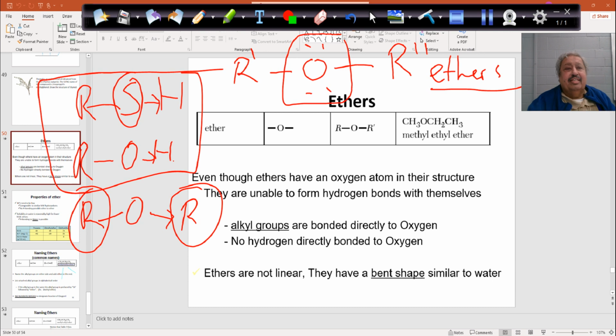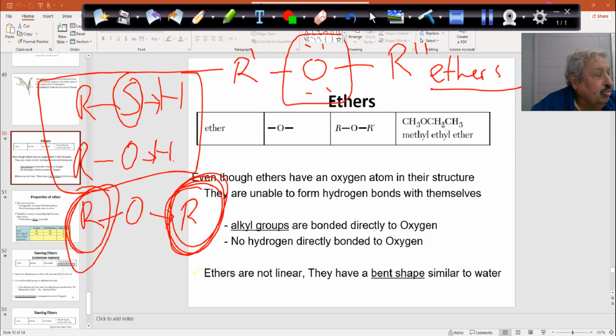You are restricting, especially if R is too bulky, too big. Those two here and here, if they are too big, the ether will be solid at room temperature and very, very low in reactivity. It does not react. Are you following me here? Chemically, I'm speaking about chemically. So the presence of two R groups, depending on their size, will limit the reactivity of ether.